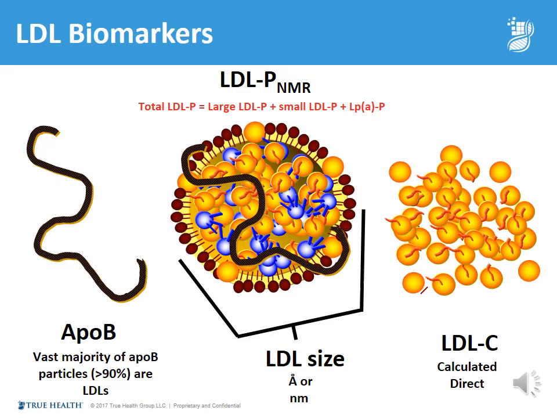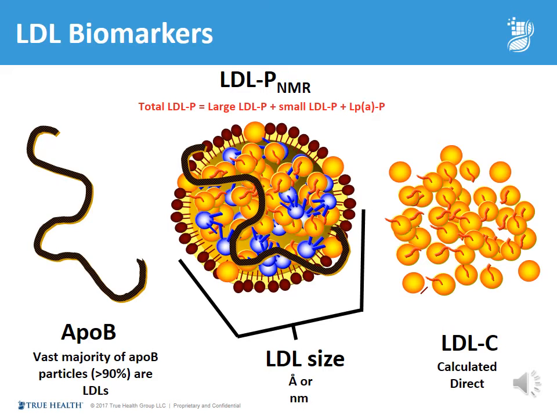Of course, the most commonly used metric in the clinical world is LDL cholesterol. And what that refers to, it's the cholesterol mass that is trafficked by all of the LDL particles that exist in a deciliter of plasma. LDL particle counts or ApoB, you're counting the number of LDL particles.